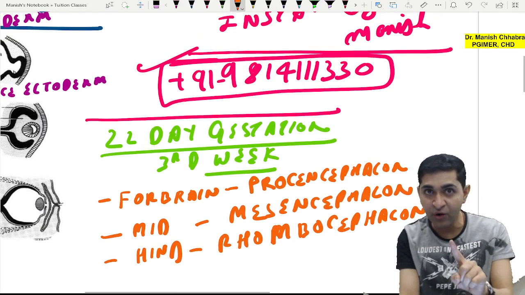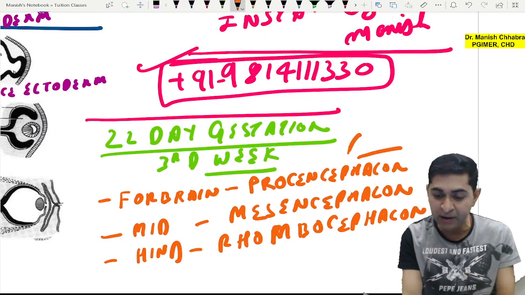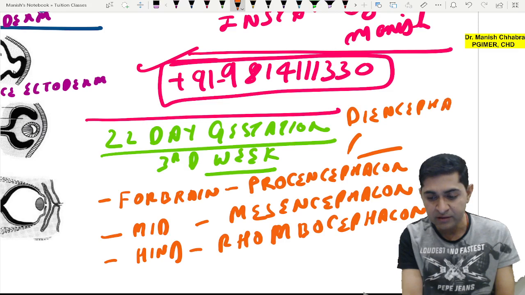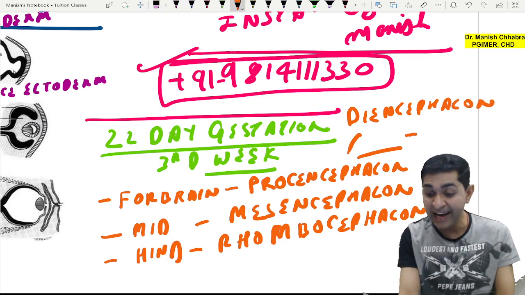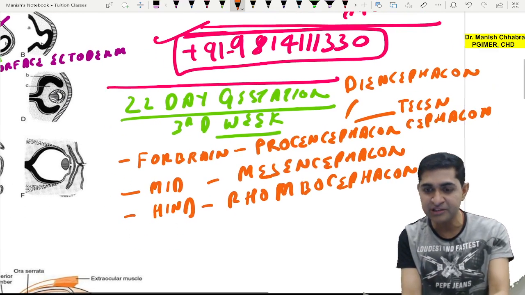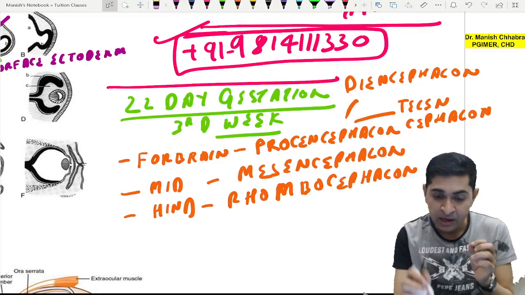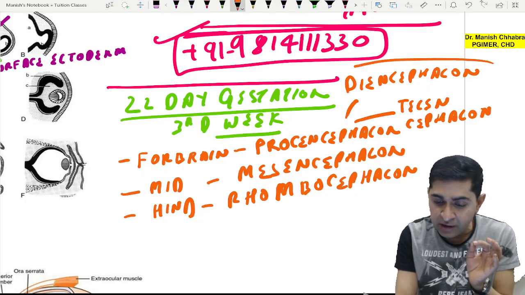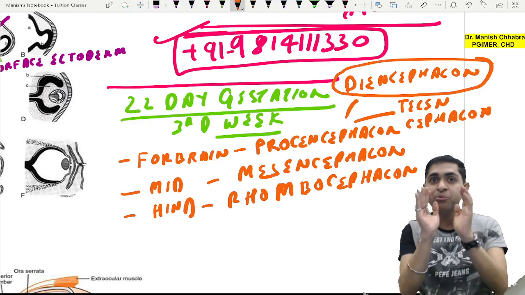Now prosencephalon is divided into two further parts. One is your diencephalon, and we have the telencephalon. Please write with me, telencephalon. Now there is an extension of this part of the prosencephalon.